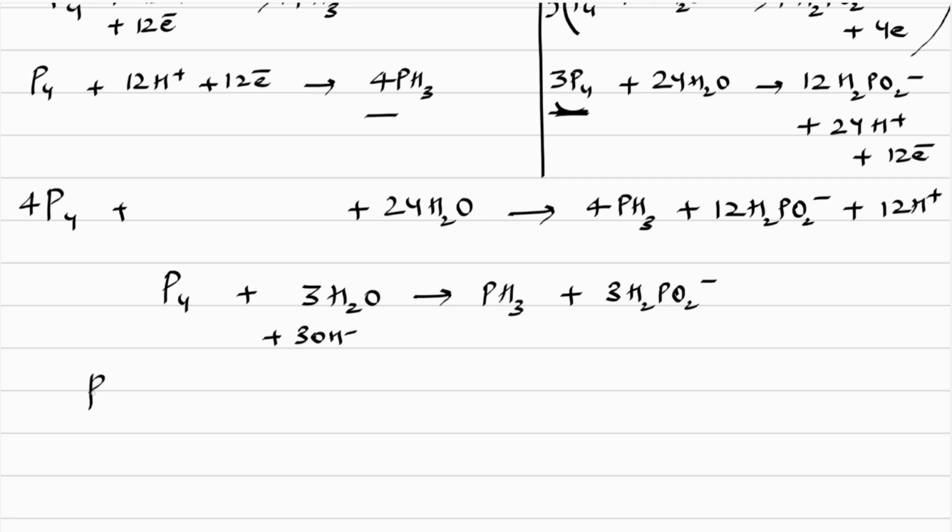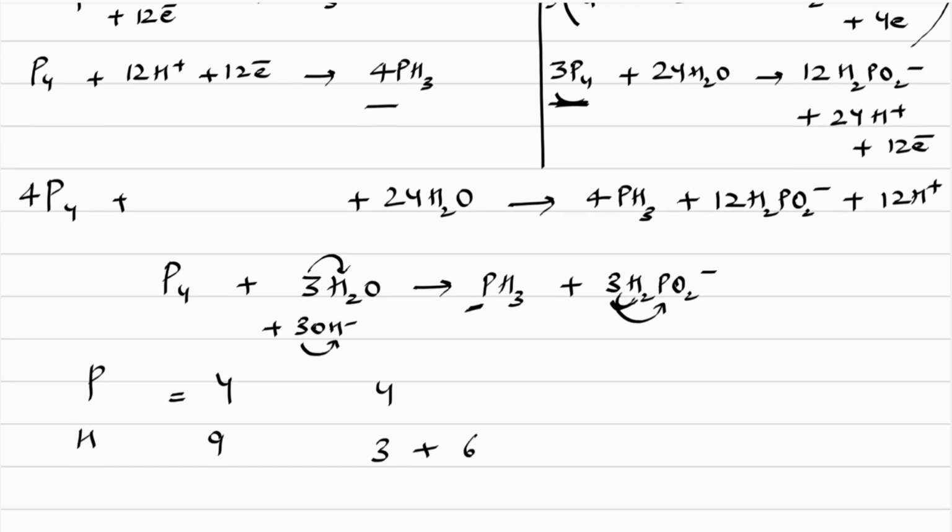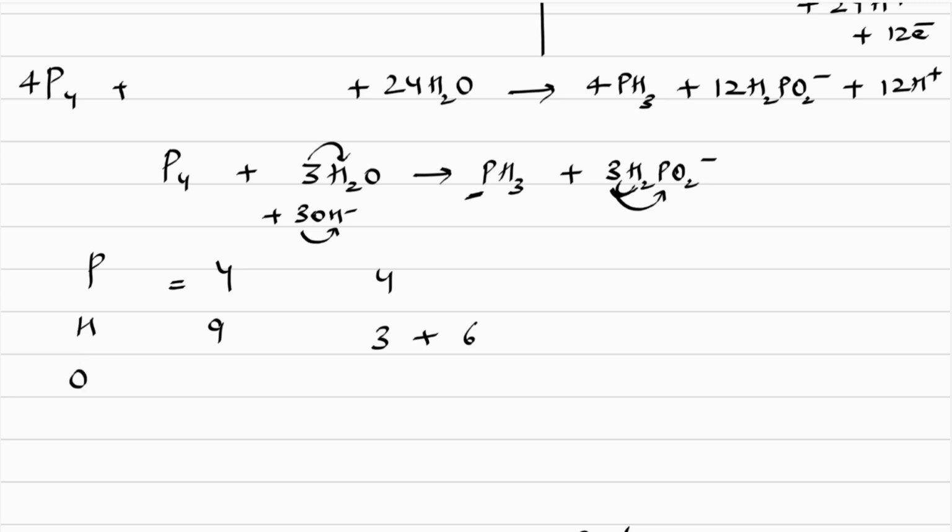Let's see. Phosphorus, 4 on the reactant side and 4 on the product side. How? 1 here and 3 here. Okay. Hydrogens, 6 plus 3, 9 hydrogens, and on the product side we have 3 plus here we have 6, so that becomes 9 as well.